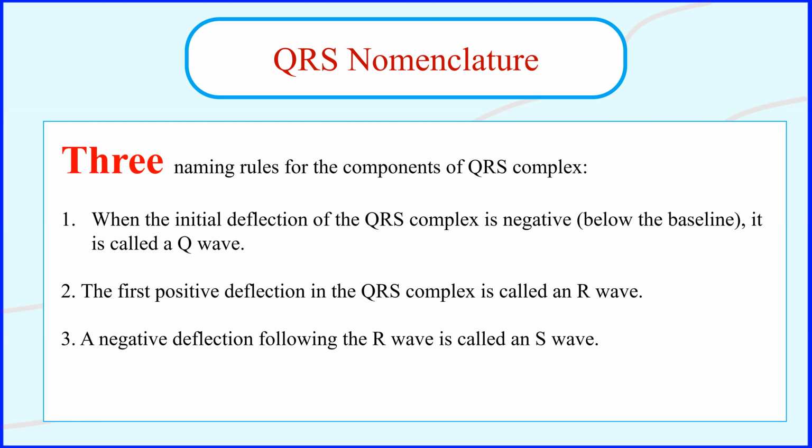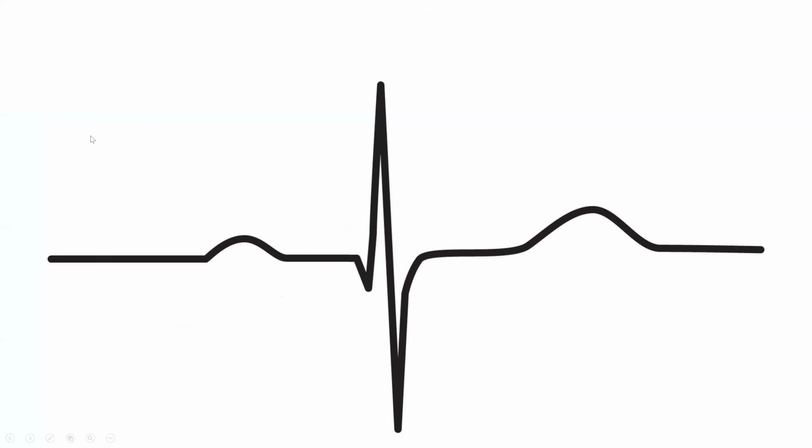So you will never find an S wave without an R wave. You will always have an R wave preceding the S wave, so they are coming together. This is important information. Okay, so we will use these three rules to apply for any QRS complex. Now, let's go very basic from here.